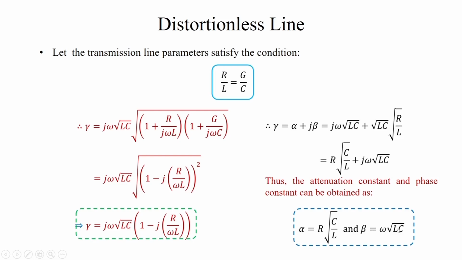Similarly, the phase shift beta, being a linear function of omega, will result in phase velocity which is the same for all the frequency components of the signal. So, the signal waveform will not get distorted, and that is why we call this type of transmission line having this property of R by L is equal to G by C a distortionless line.